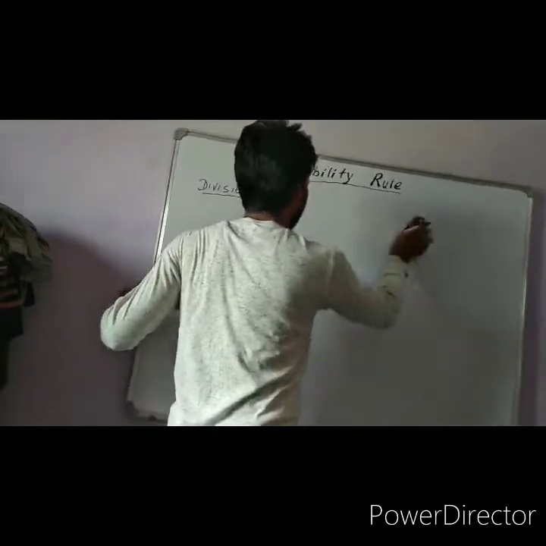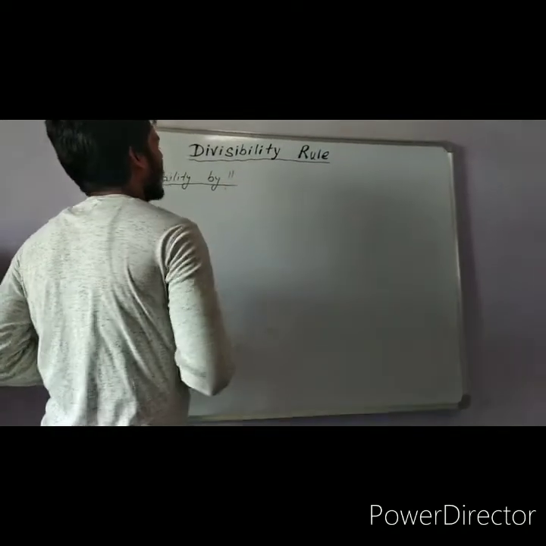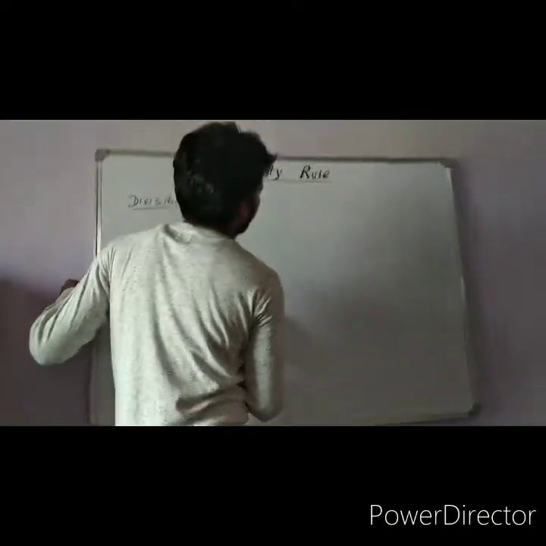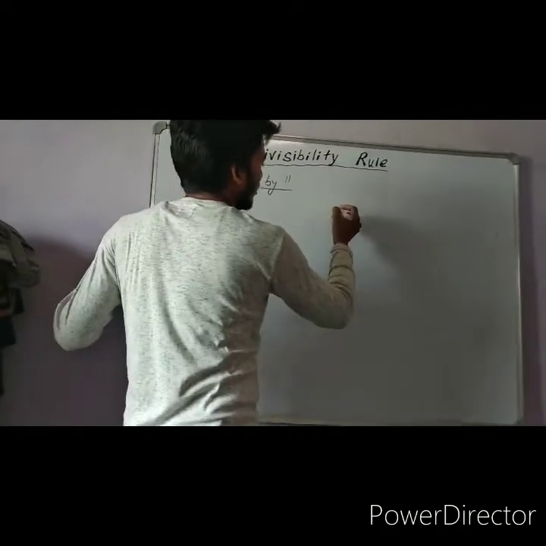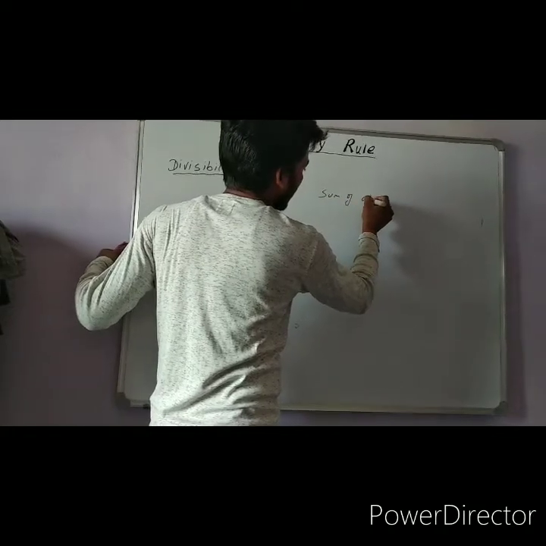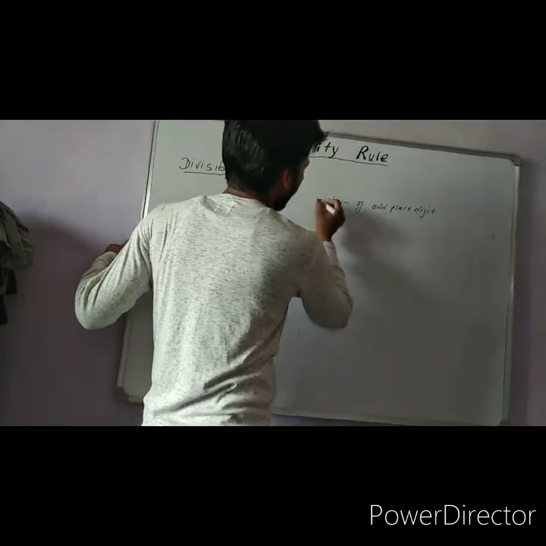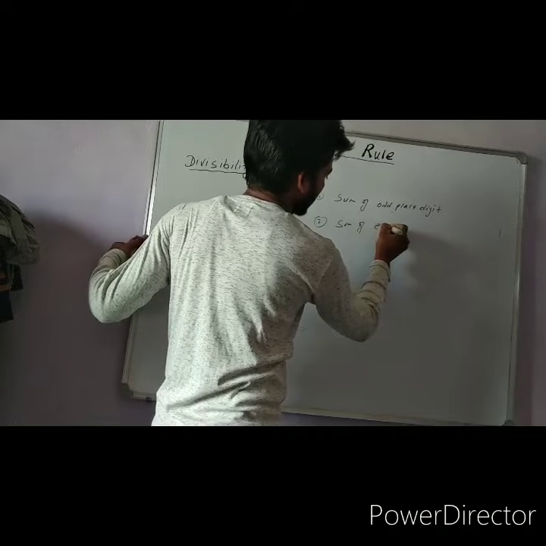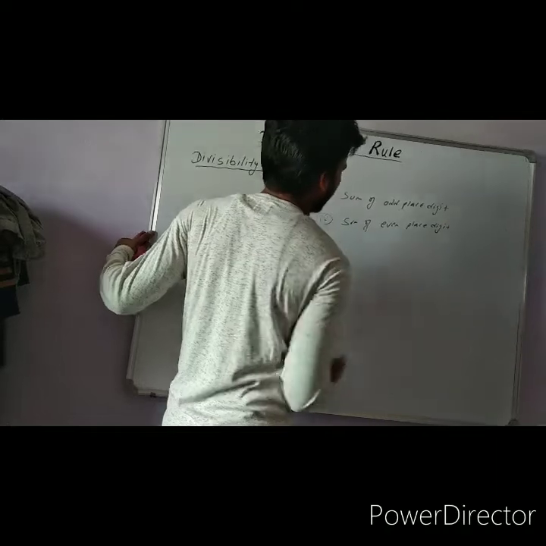Now the next rule, for 11. What is the rule? You first have to identify the odd place digits and even place digits.